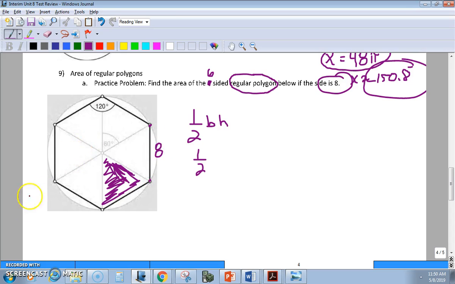Okay, so here's the tricky part, you guys. How do we find the height? And I'm actually going to give you one more piece of information because we have to find the height.